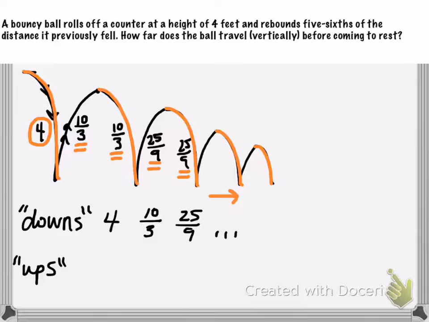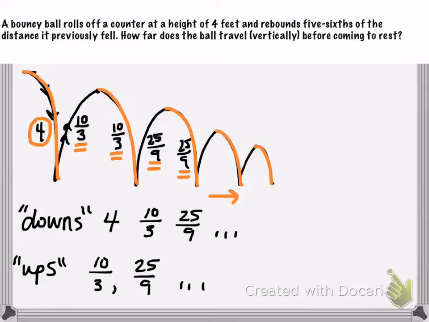But the ups, it didn't go up 4 feet. It first went up, or bounced, rebounded up 10/3, and then it rebounded up 25/9, and so on. So we want to add all of these terms up. We need to add all of the downs and all the ups together. So we essentially have a sum that we want to compute. And one way to do it is to compute the sum of all the downs and the sum of all the ups, and then put the two together.